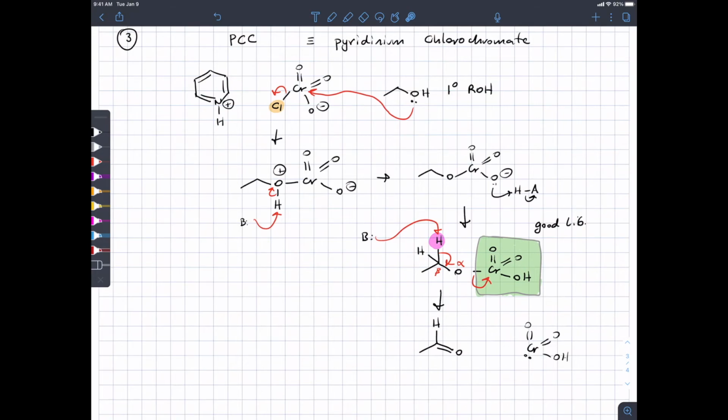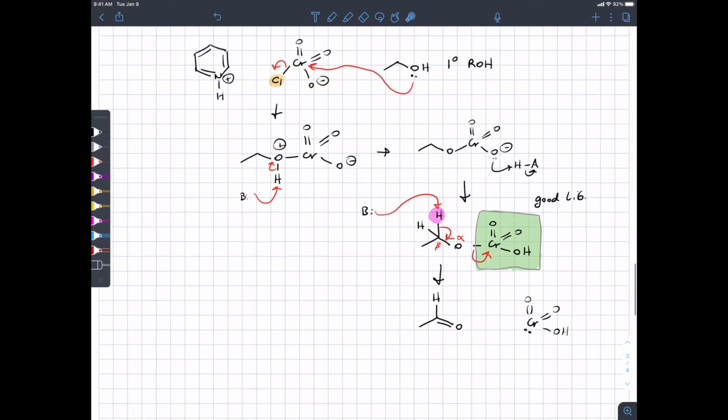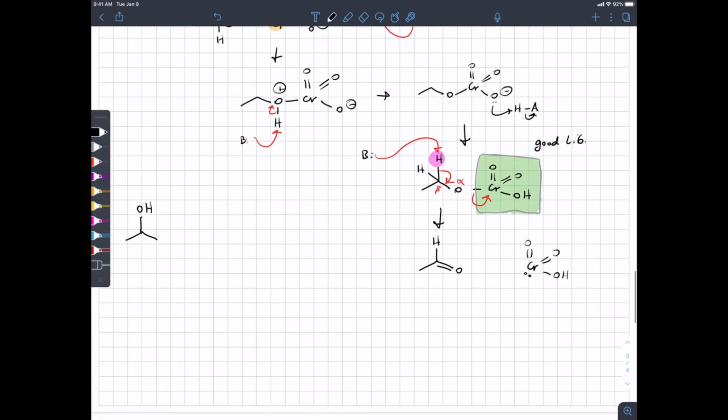Would you get a ketone if you do it secondary? Great. The question is, what about the secondary alcohol? Yes, exactly the same thing. Same mechanistic steps with PCC. I'm going to skip ahead to the key one, and that is we will see this intermediate, and again you've got an alpha oxygen, a beta carbon with a beta proton.